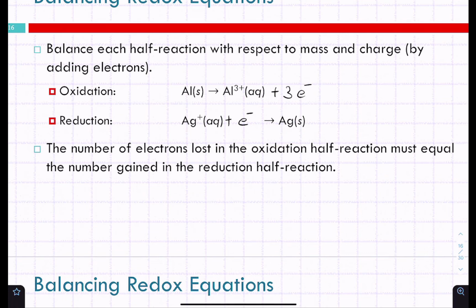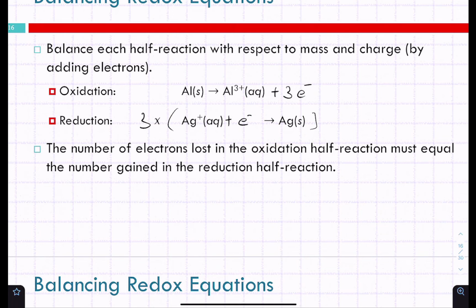So we can take this entire reaction and multiply it by the number of electrons that we need. Or multiply it, in some cases, by the least common multiple, so they have the same number of electrons.